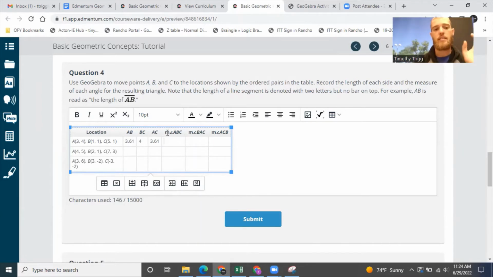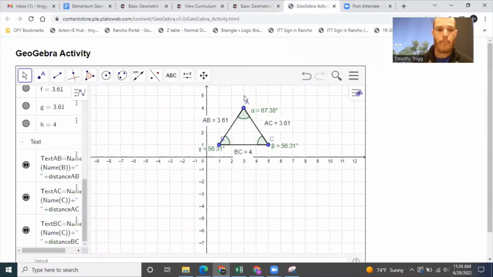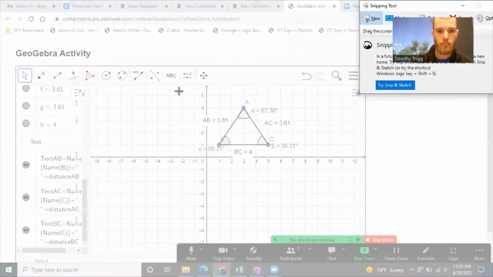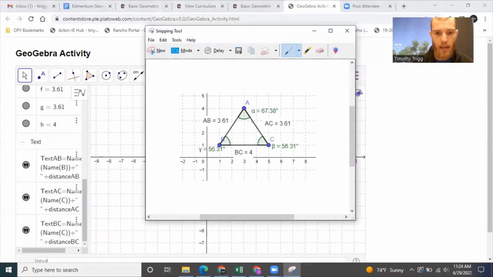So notice this first one says measure of angle ABC. So the vertex of that angle that it's talking about is actually B, okay? So when it says the measure of angle ABC, the angle ABC is actually this angle right here. Notice that you could think of it as A to B to C. That forms this angle.